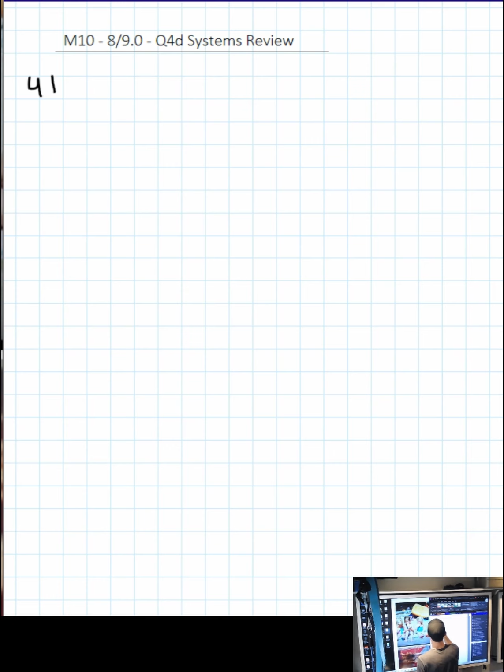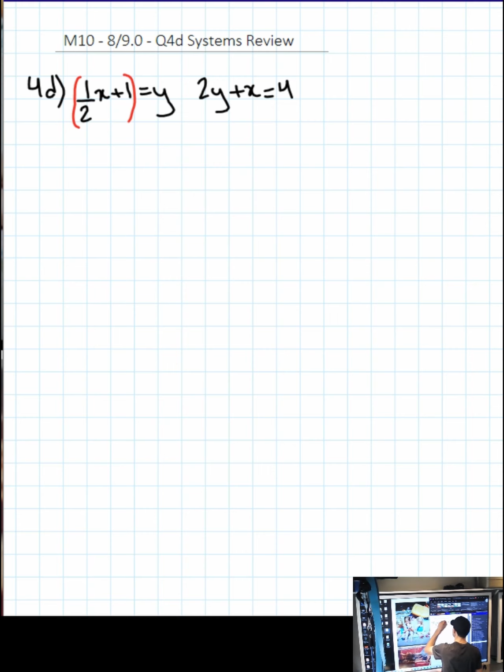Okay, 4D. So we have 1/2 x plus 1 equals y, and we have 2y plus x equals 4. I can clearly see that y is equal to something, so I can put brackets around what y is equal to. I can put brackets around y in the other equation. I can carefully substitute.